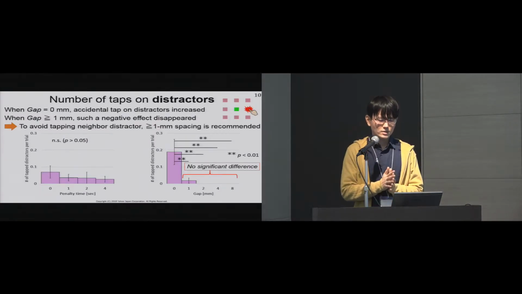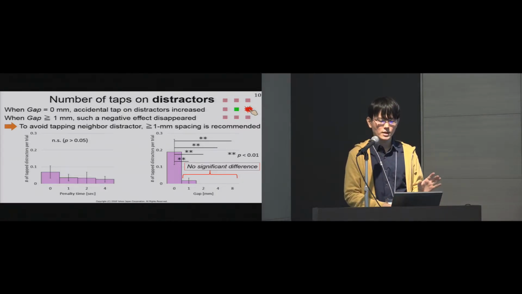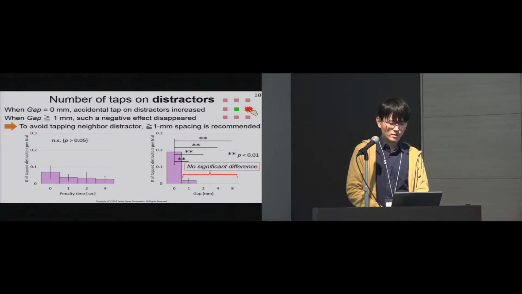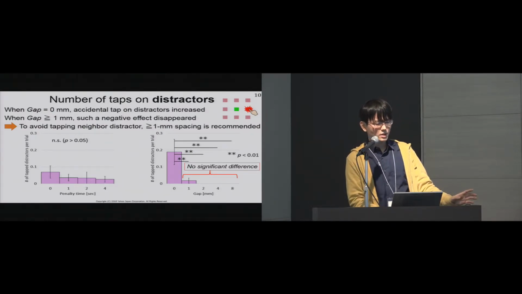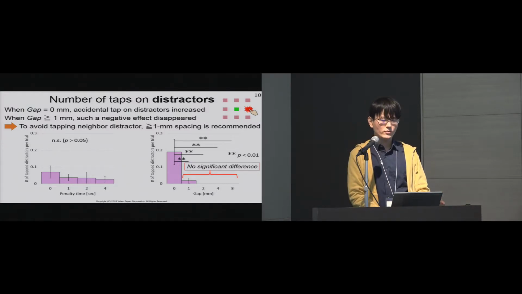And this is the result of our main interest, the number of tapping distractors per trial. On the left side, penalty time didn't show significant differences, but the gap clearly showed the effect. When the gap was 0 millimeters, participants accidentally tapped distractors significantly more than the other conditions.